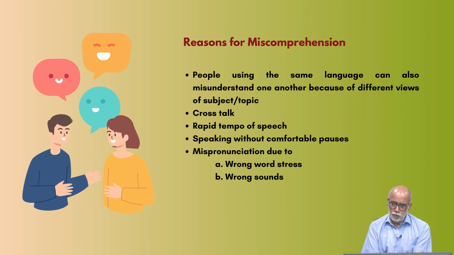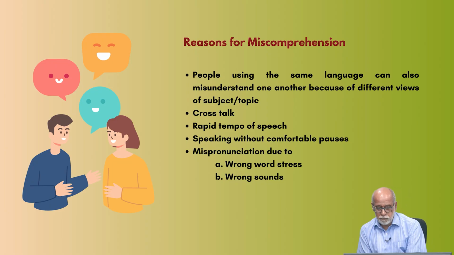So, even when the speaker says one thing, means one thing, the listener understands another, or there may be crosstalk, or inattention. The speaker says something, at the same time the listener also speaks, then again there can be misunderstanding. Or if the speaker speaks rapidly, takes no pause within the sentence or between sentences, even then there can be miscomprehension.